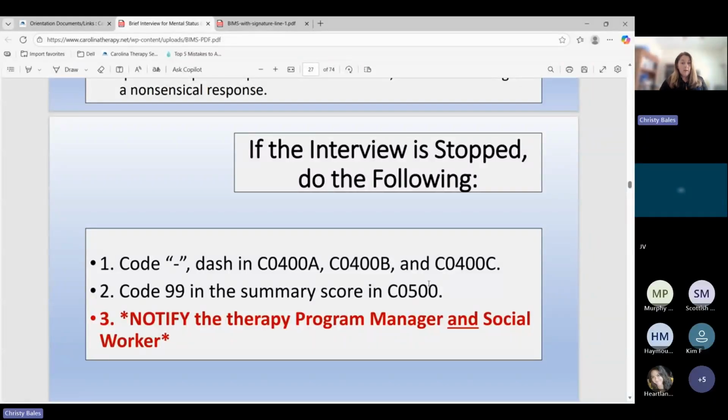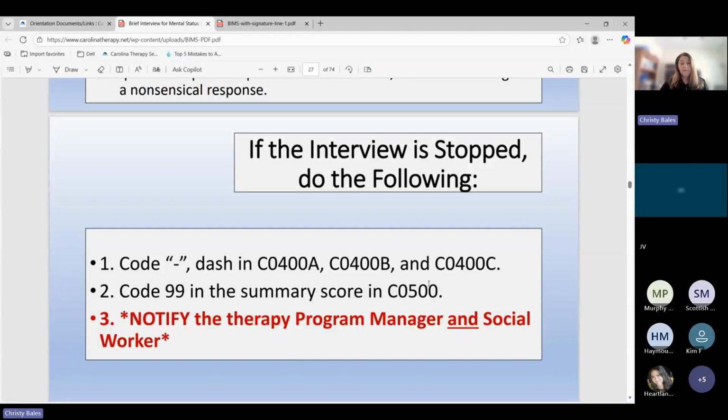If the interview is stopped, you have to do the following. So you code a dash in C0400A, B, and C, and code a 99 in the summary score. So if you are going along and you get through 300 and they've all been nonsensical, all the other ones have to be a dash in order to code 99.